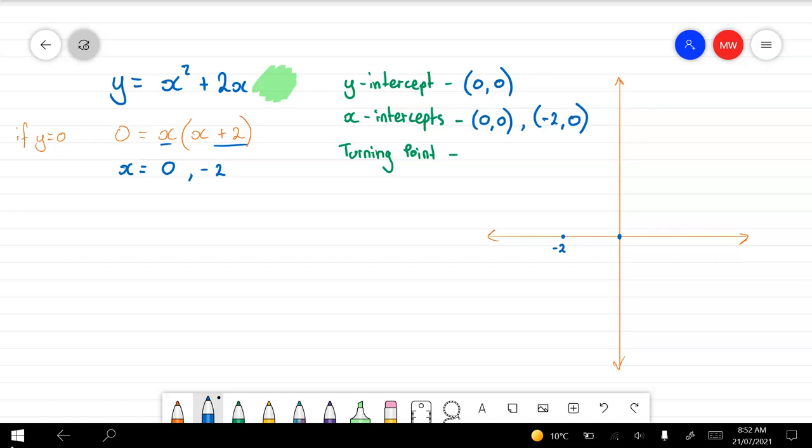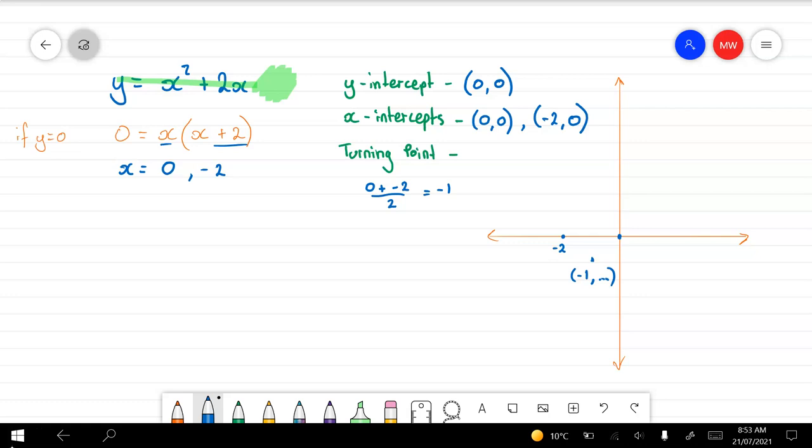Now what I need is my turning point. Halfway between 0 and minus 2 is minus 1. But if we need to work that out, 0 plus minus 2 divided by 2 gives me minus 1. So I know that my turning point is going to happen when x is minus 1. Now I just don't know what the y value is. So I take my x value of minus 1, because it's on the line, and substitute it into the original equation to work out the y value.